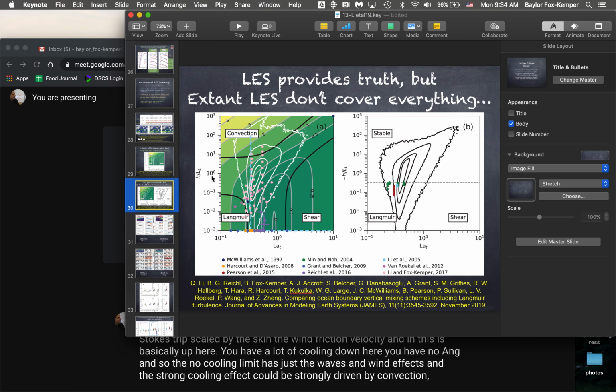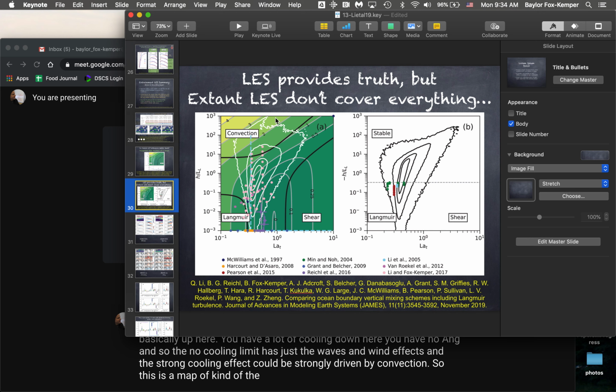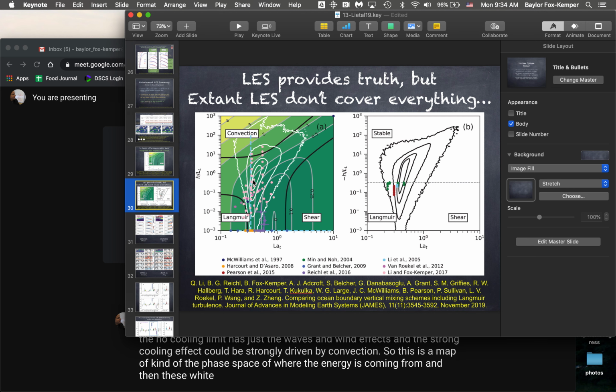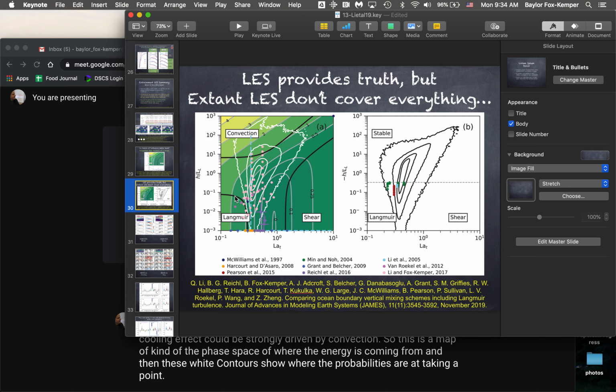So this is a map of the phase space of where the energy is coming from. And then these white contours show where the probabilities are of taking a point from the JRA 55 forced simulations where you tend to sit in this space.